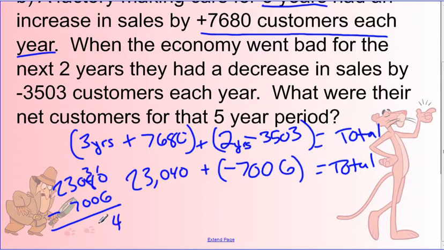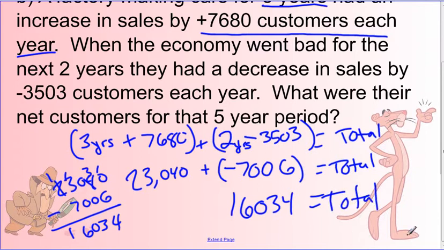And we got a 4 and a 3 and a 0 and a 6 and a 1. So after those 5 years, they had a total of 16,034 customers still.